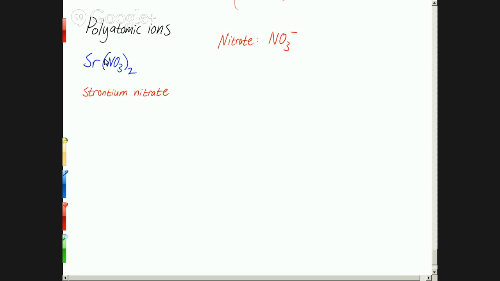And we're going to go through them right now. So we've got nitrate. We have hydroxide, which is OH with a -1, like sodium hydroxide.